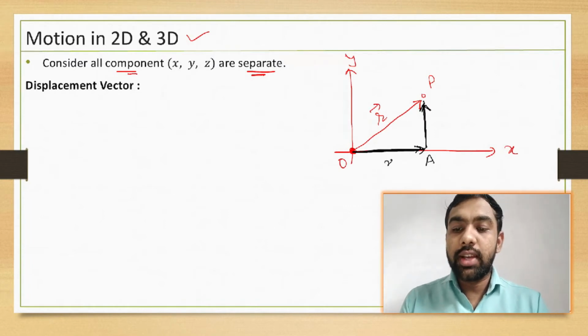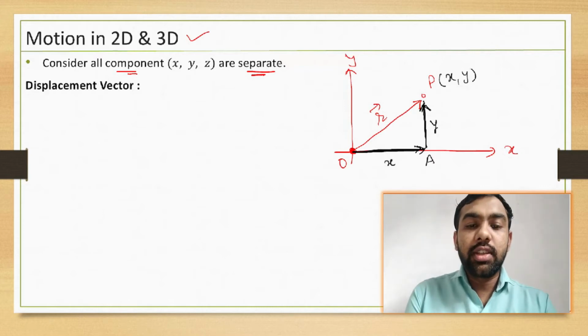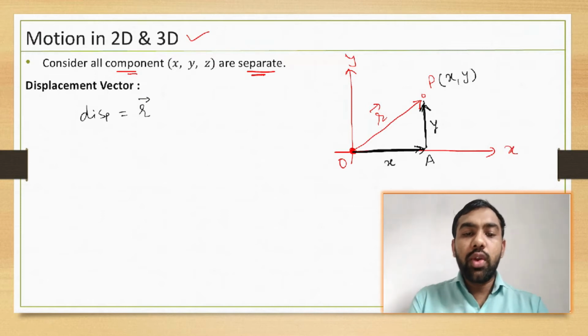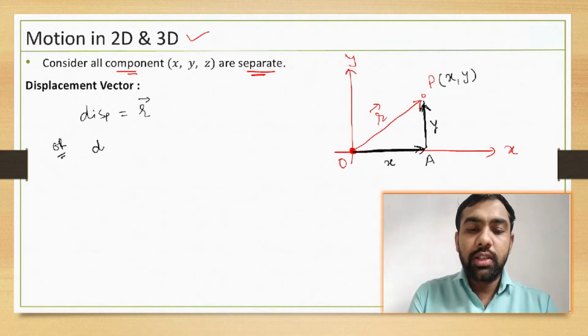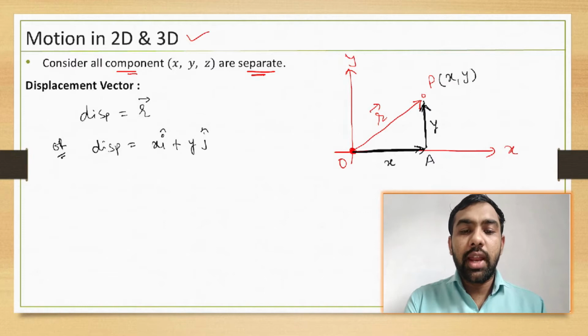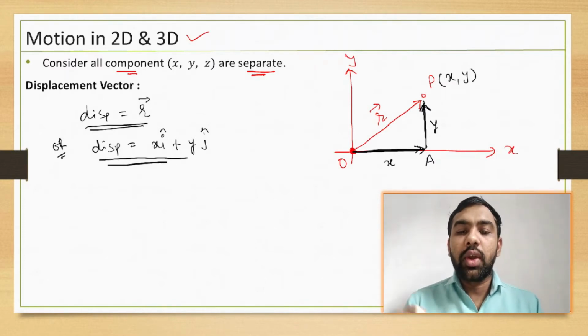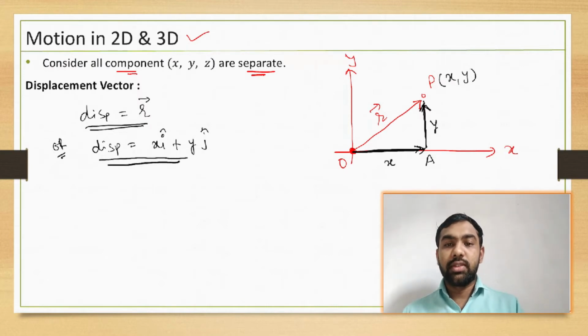If you move x along the x-axis and y along the y-axis, then the coordinate of P is (x, y). So the displacement is equal to R, or you can write the displacement is equal to xi plus yj. These both are the same. There is no difference.